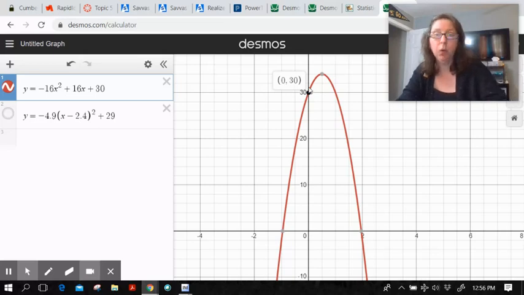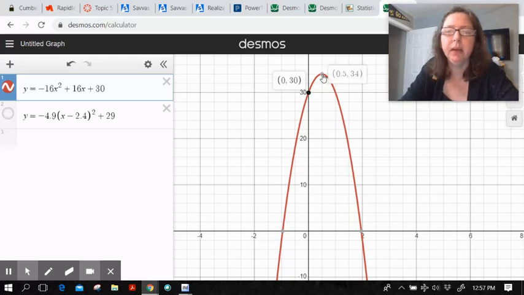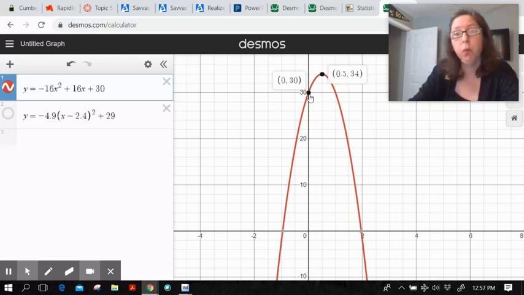We worked out by hand to find the vertex, but look here, same values. 0.5 is the same as 1/2, and then the maximum feet was 34. So if you were going to do this via Desmos, you would need to have known 34 minus 30, and you could have still gotten your 4 feet for your answer for the last question.